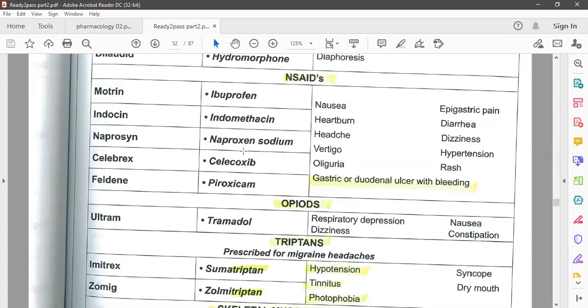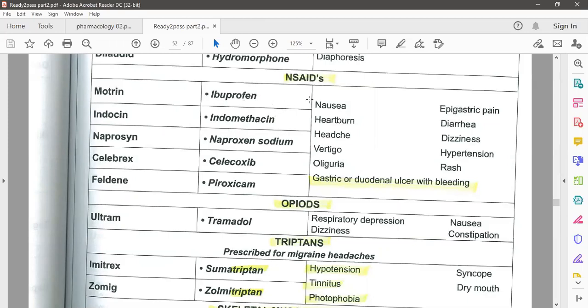It is very important to know that NSAIDs are better taken with food. This will decrease GI ulcer risk, and do not give NSAIDs and aspirin together. Let me review. Do not give NSAIDs and aspirin together, and stop taking them 1 week before surgery. So if your patient has to go for any surgical operation, better to stop 1 week before.